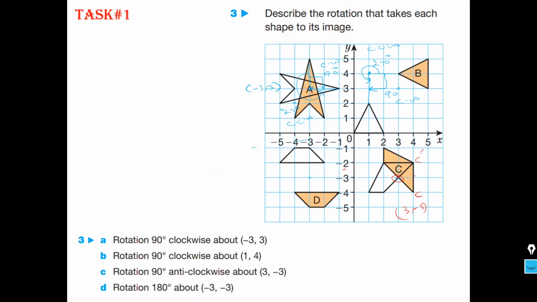So this image and the original ones, C and C dash, are having 90-degree, okay, counter clockwise. It's moving up because the origin is moving up now. So this is 90-degree counterclockwise or 270-degree clockwise.